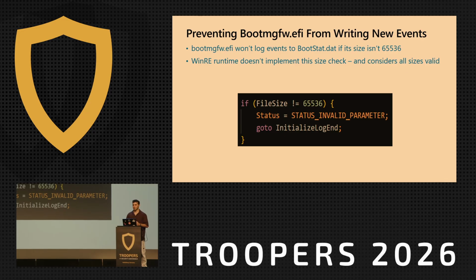Now, if the size of the log doesn't match, the log is considered invalid, and no launch events are written to it. What's more interesting here is that WinRE does not enforce this size check, and will accept a BootStat of any size. So this is another difference in the way that WinRE and the boot manager see the OS.